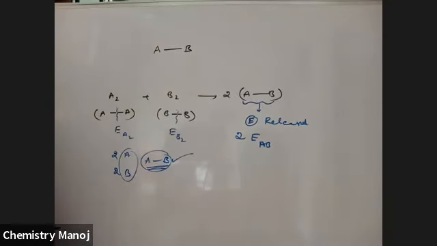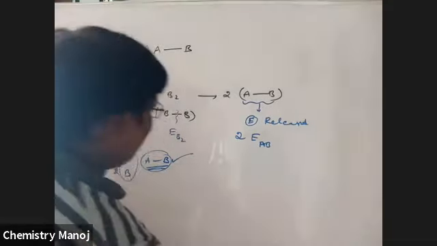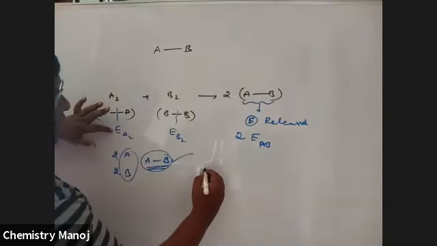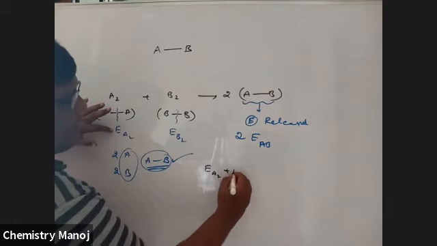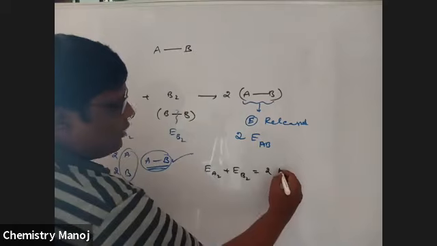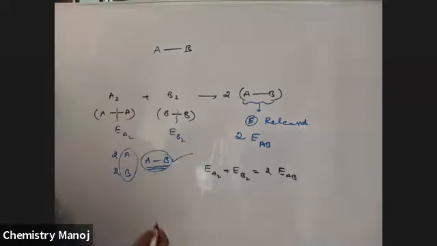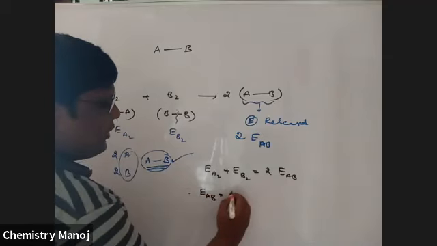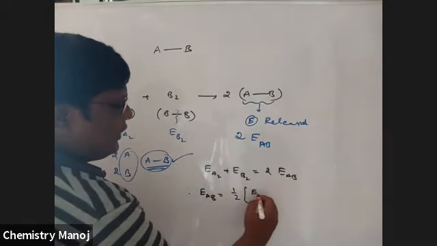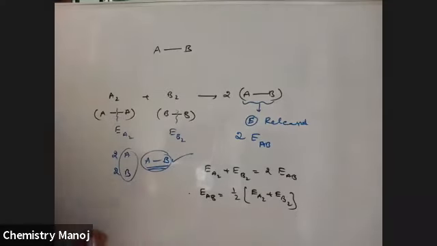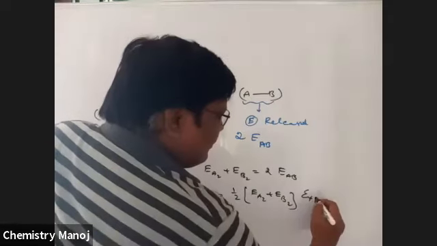We expected that the bond energy EA2 plus EB2 should be equal to 2 into EAB. That means the EAB bond energy is equal to 1 by 2 that of the EA2 molecule and EB2 molecule. This is the expected value.